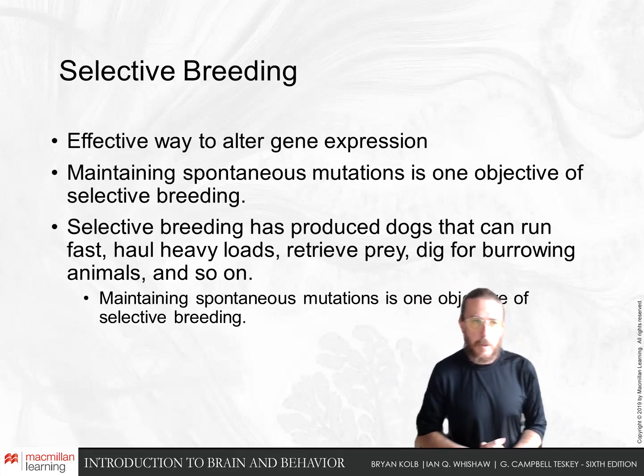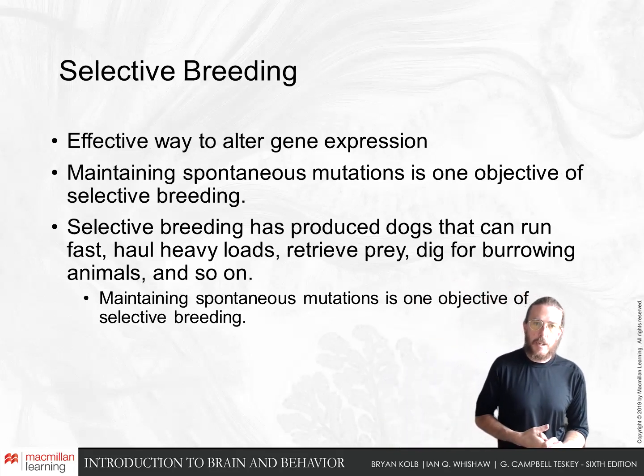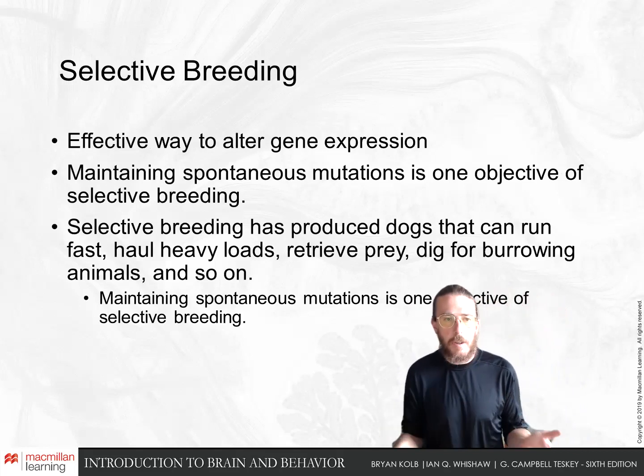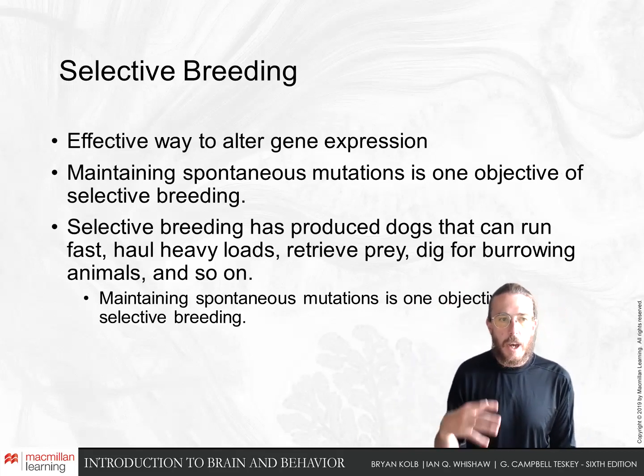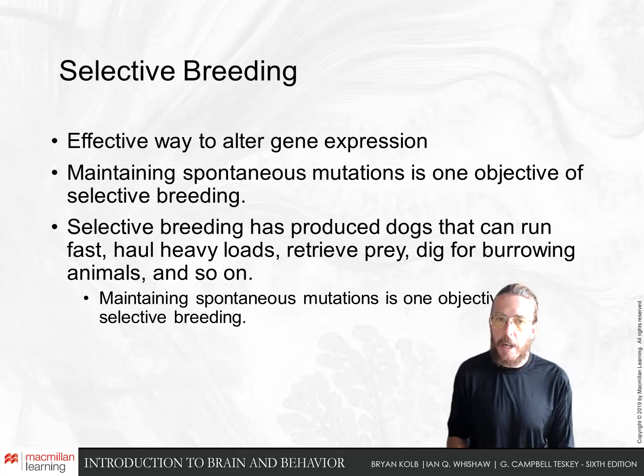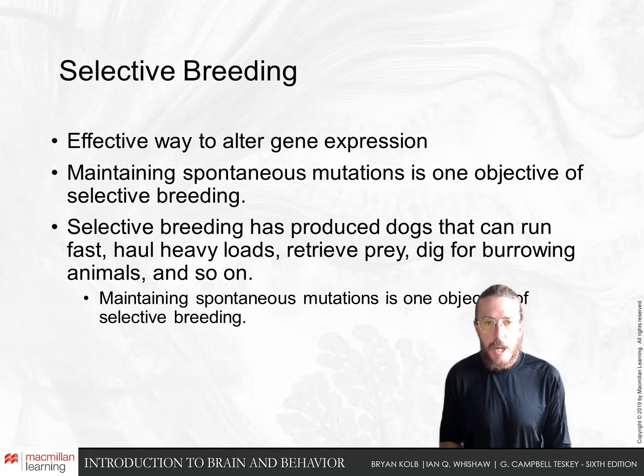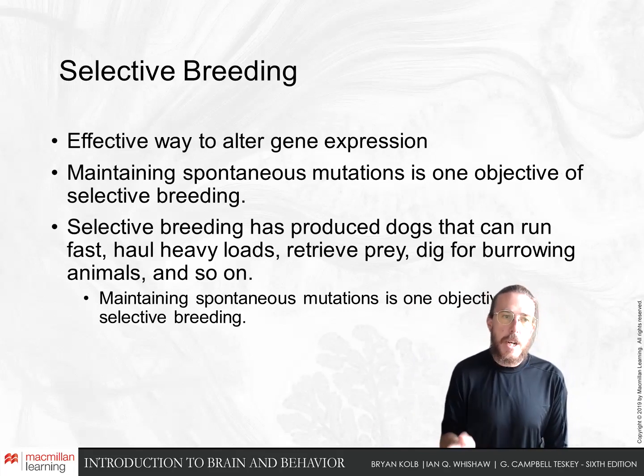So I already spoke a little bit about selective breeding. You could breed a whole colony of mice and wait for a spontaneous mutation to occur, like a particular color that you like, or whisker size, or speed, and then you can start to breed those animals.